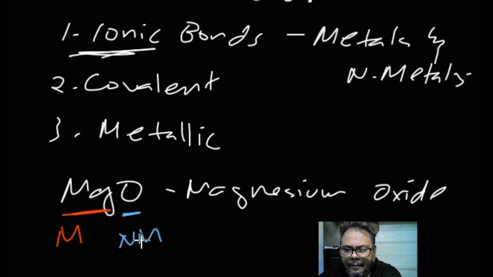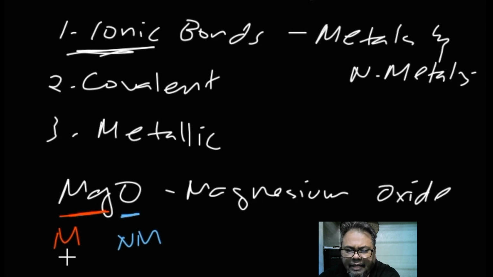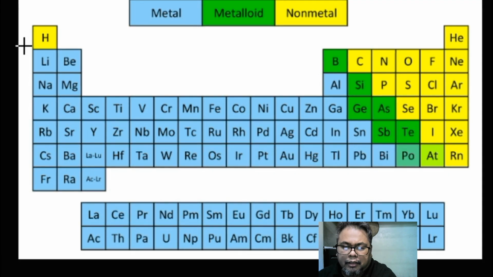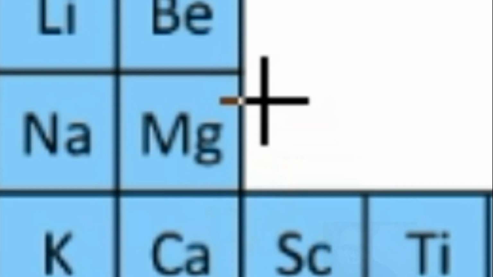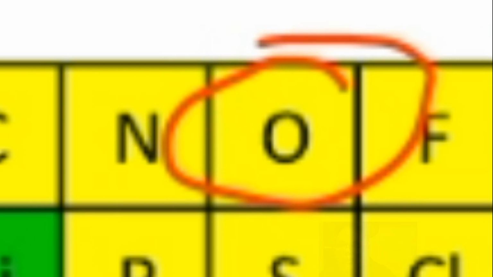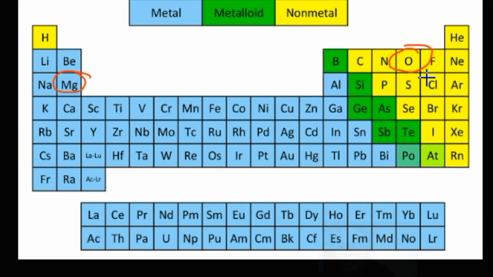So we can check our periodic table to see if these two are made up of metal and non-metal. By checking our periodic table, this is our magnesium and the oxygen. Magnesium belongs to the metal elements and oxygen belongs to non-metal elements.